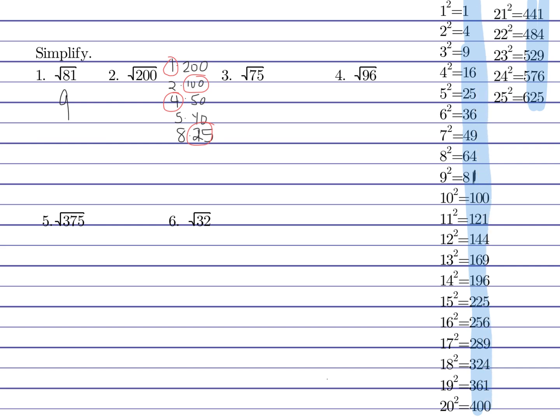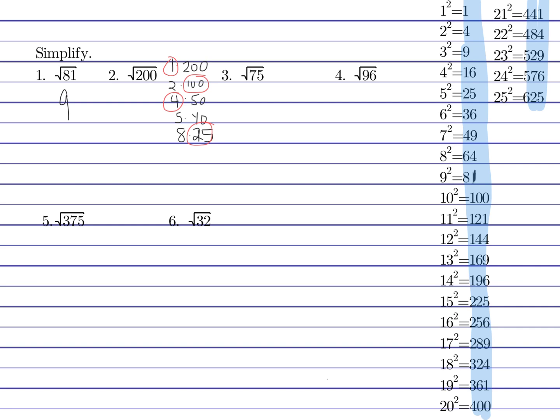So I'm looking for any number in my list that is highlighted blue. And 1, 100, 4, 25. Those are all in my list.